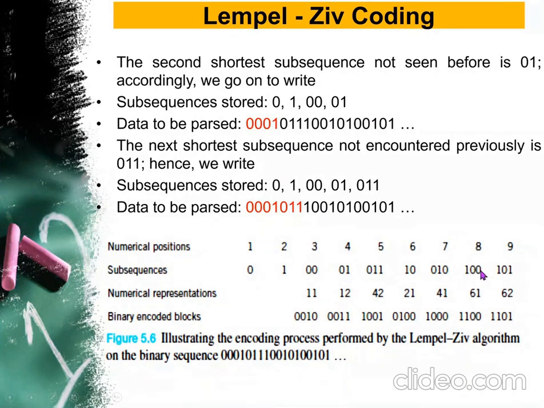Similarly, for this 0, the position is 1, and the group of 2 bits 1, 0 is already present at position 6. So we have written 61 here. Similarly, the last subsequence 1 is present at position 2, while 1, 0 is present at position 6. So this is written as 62.